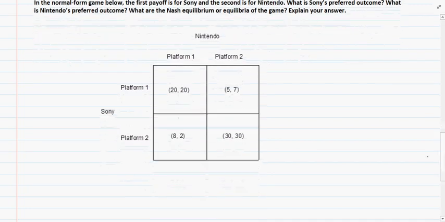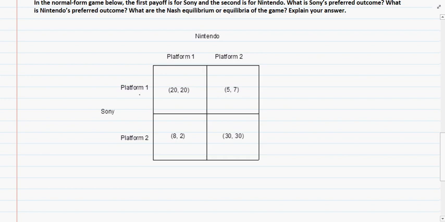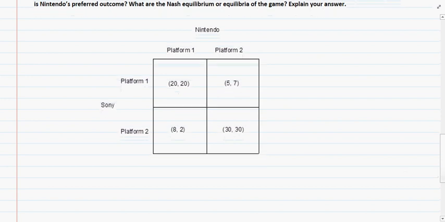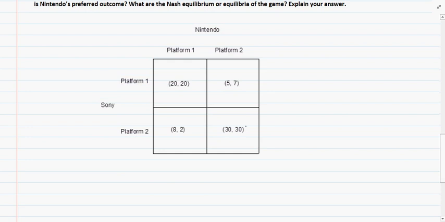So we've got two firms, each deciding on either platform 1 or platform 2, and we try to find the equilibrium of the game. It's just a simultaneous game. In order to find a Nash equilibrium, we just have to find the best strategies for the players given the strategy chosen by the other player, just like what we did in the previous question.